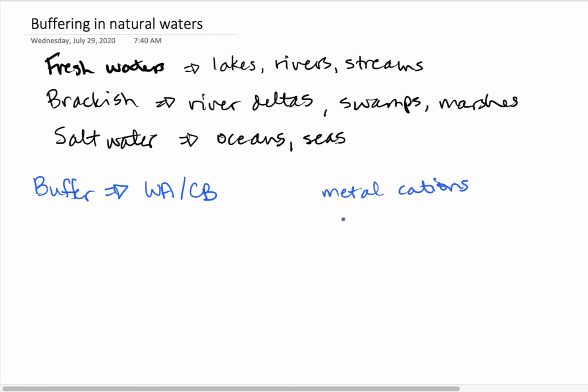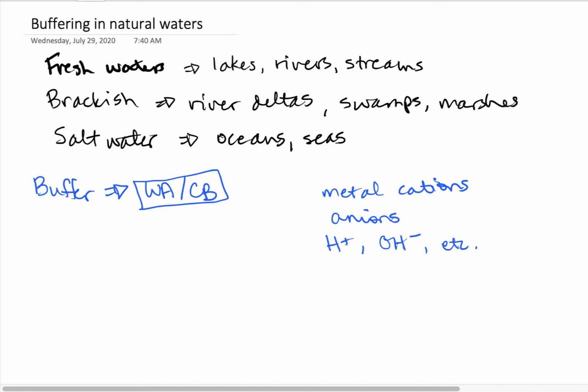We have lots of different anions of varying sorts, some of which can act like bases and some of which can't. Of course, we have H plus from various sources, OH minus from various sources, etc. But we have to have a weak acid and its conjugate base set up in that water in order to see any kind of buffering.